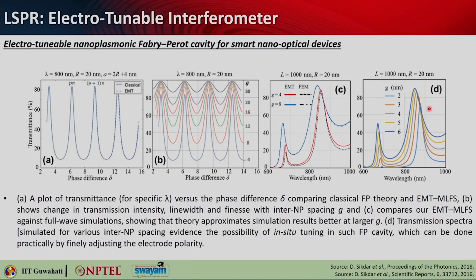Though the peak transmittance value also reduces, because that is a kind of price you will pay with this particular cavity, because when the mirror quality comes down, okay, the quality factor also gets affected as we have seen here, but the wavelength selectivity or wavelength tunability is continuous with these different gaps.